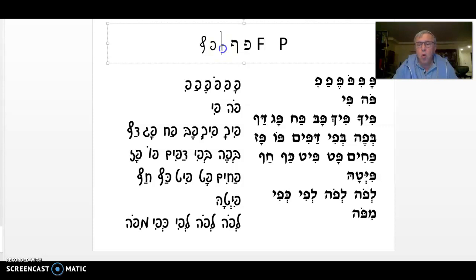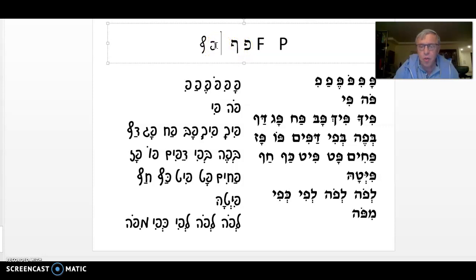Notice, please, we had previously the letter Mem and the letter Nun, which had a different form if it was in the middle of a word or the end of the word. That appears in the letter Peh as well. So this is the look of the Peh, and if it's at the end, then it looks like this.